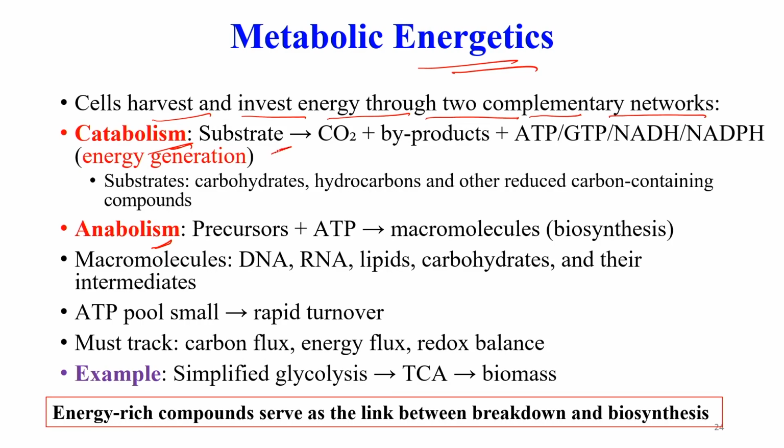Here a substrate is converted to carbon dioxide and other byproducts, and energy generating molecules like ATP, NADH, NADPH are produced. A few examples of substrate include carbohydrates, hydrocarbons and other reduced carbon containing compounds, let us say glycerol.